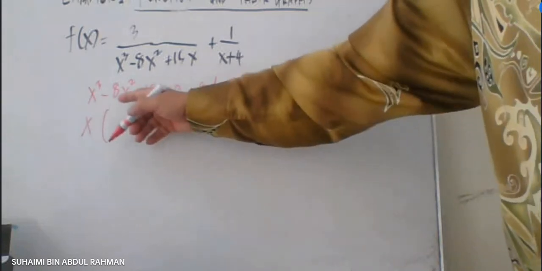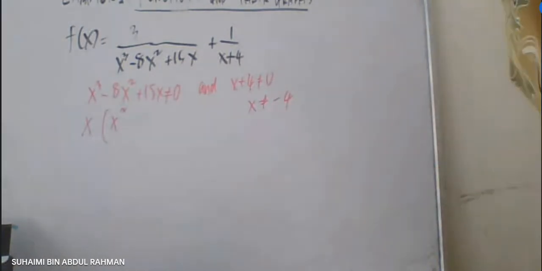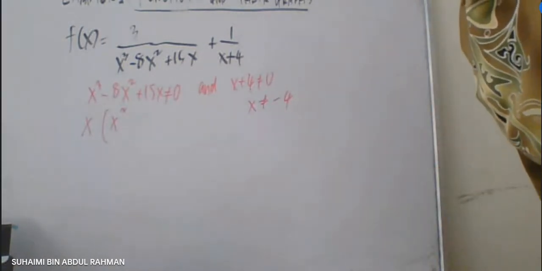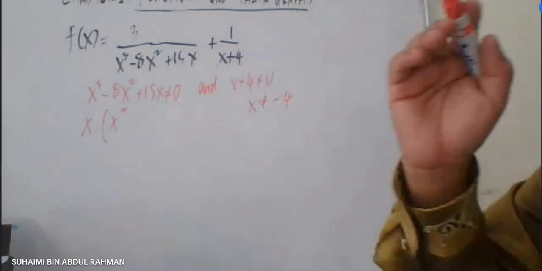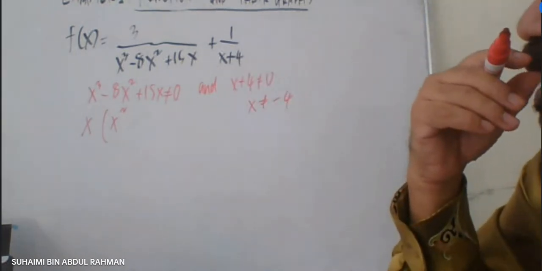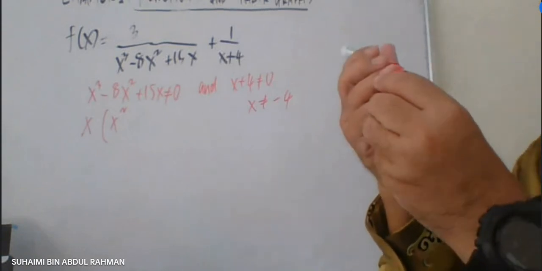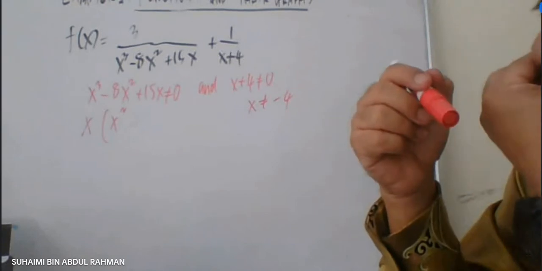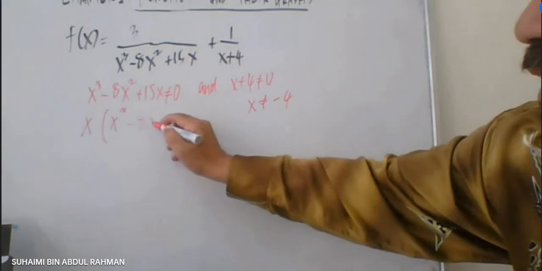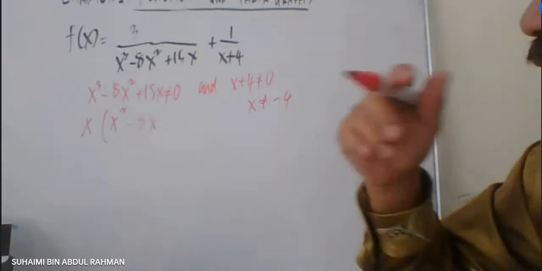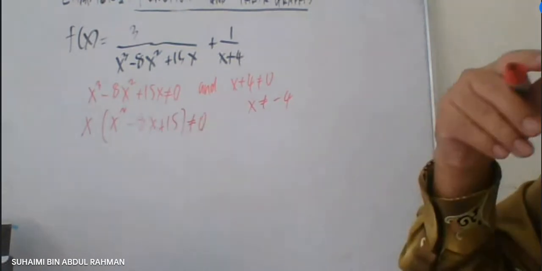To produce x cubed, x must be multiplied by x squared, and then minus 8x, plus 15, not equal to 0.